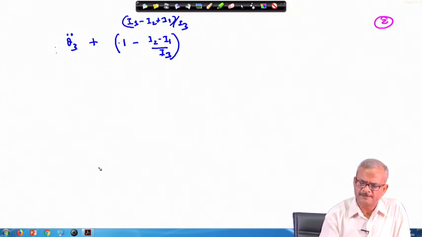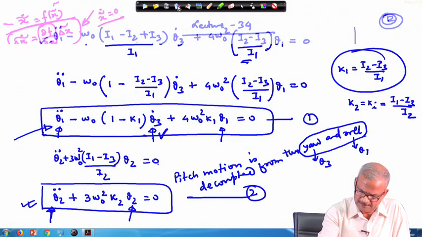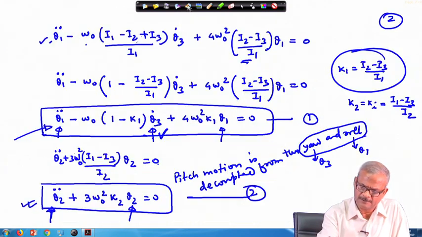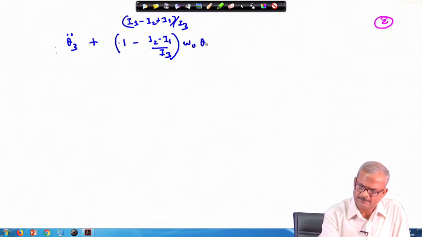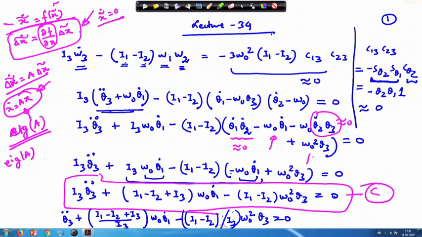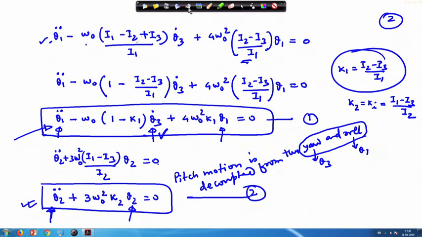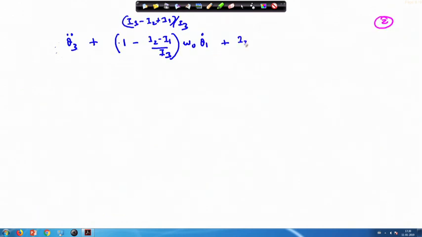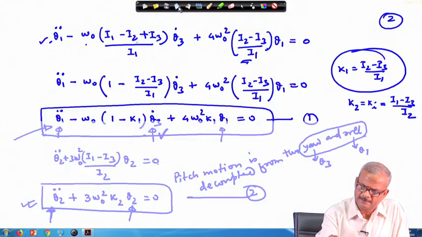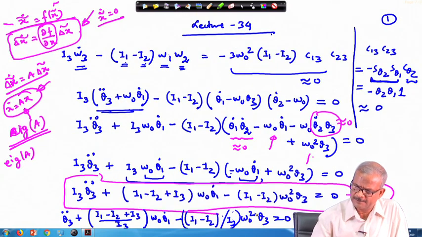We can write in this way, it is a little advantage that we will see how it eases the thing, omega 0 times theta 1 dot, and then the last term I 1 minus I 2 divided by I 3, we will write as I 2 minus I 1 divided by I 3 times omega 0 theta 3.